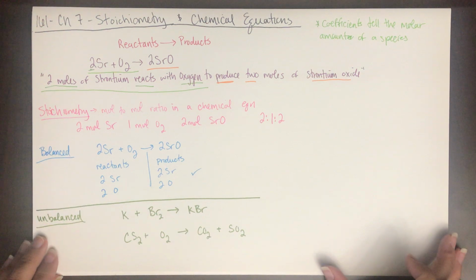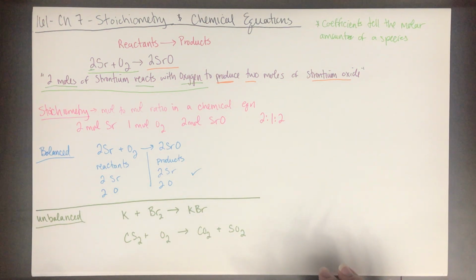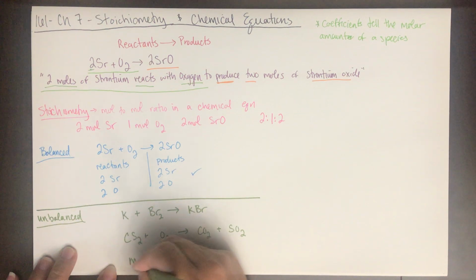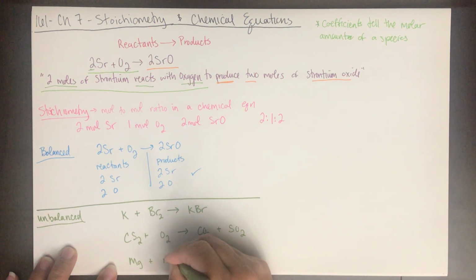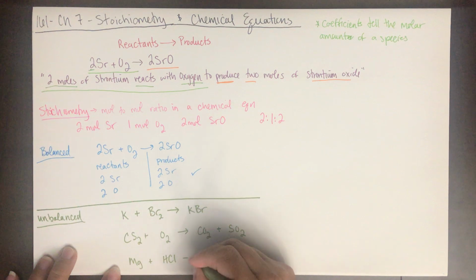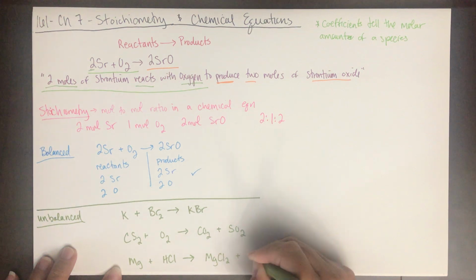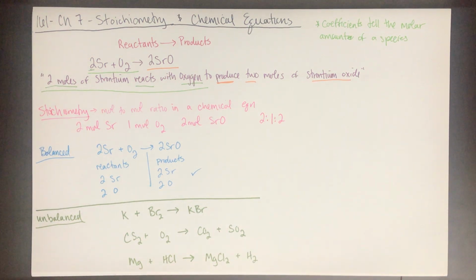And one more, let's look at magnesium plus hydrogen chloride produces magnesium chloride plus hydrogen. Okay, so these are unbalanced. So I'm going to balance them.